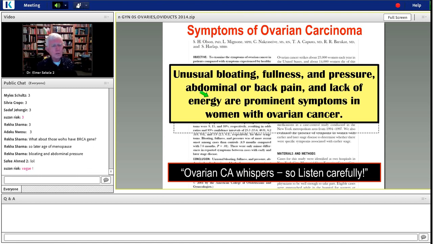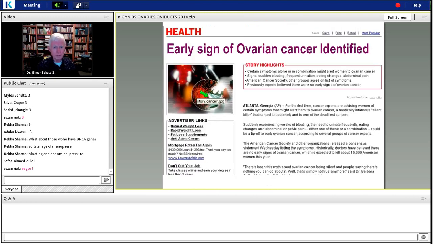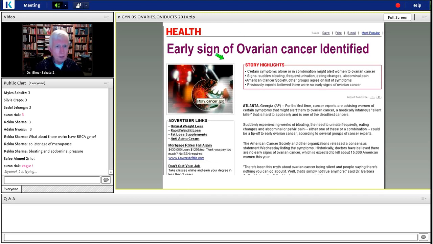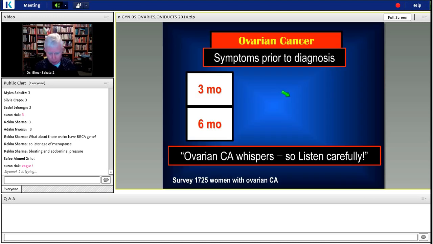You see, cervical cancer screams at you, abnormal pap smear. Endometrial cancer screams at you with bleeding. But ovarian cancer, not so obvious. So this is the American Cancer Society. Early signs are identified. Bloating, frequent urination, eating changes, abdominal pain.